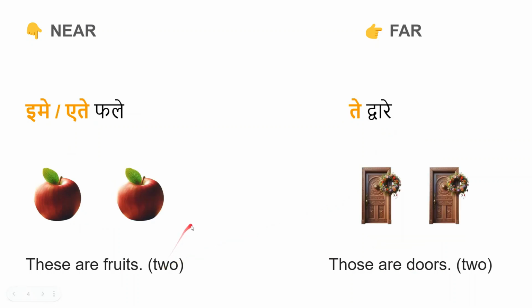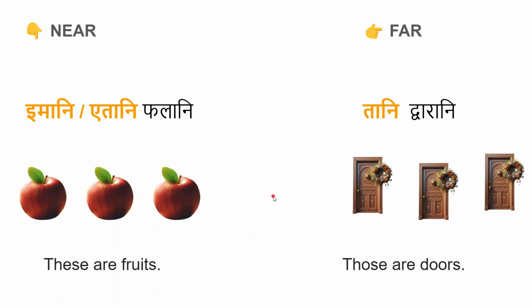The dual form, when there are two objects near you, we can say ime phale, or ete phale. When there are two objects away from you, we can say te dware. These are fruits, and those are doors.